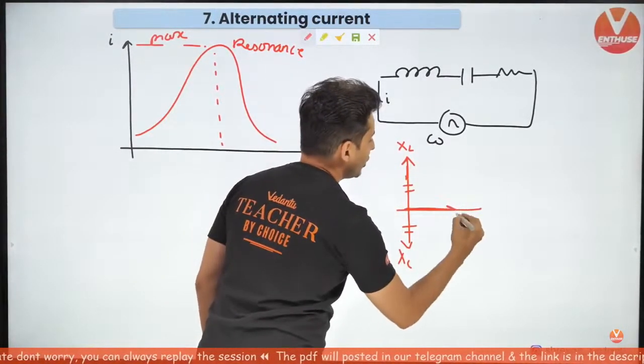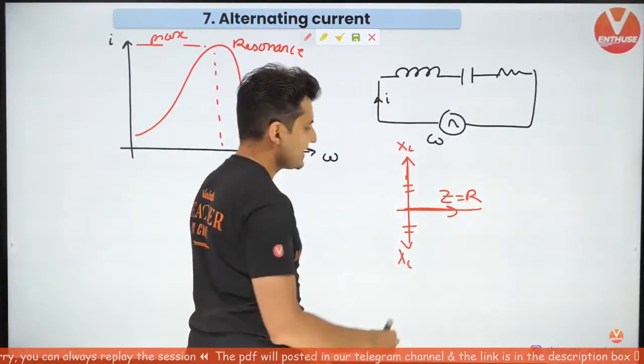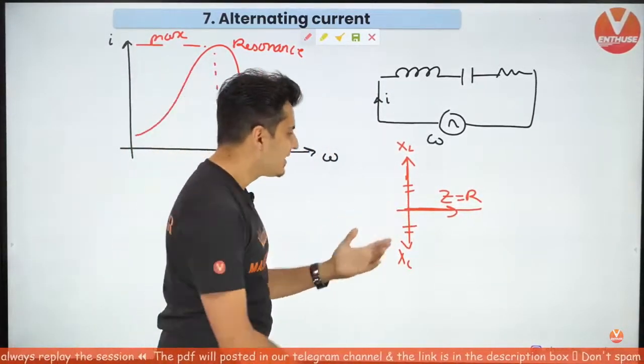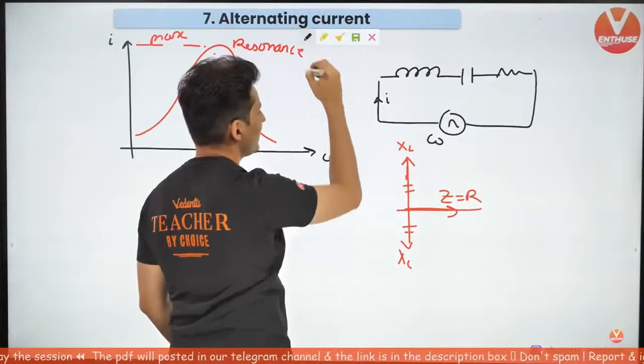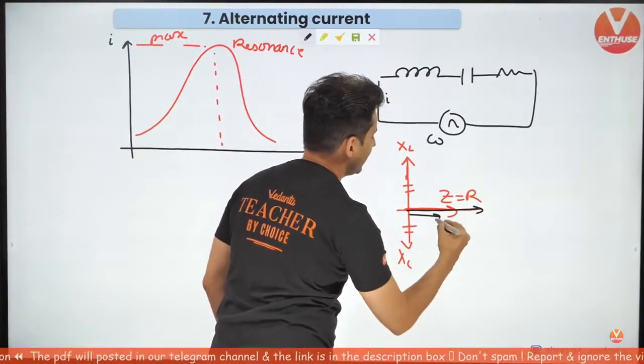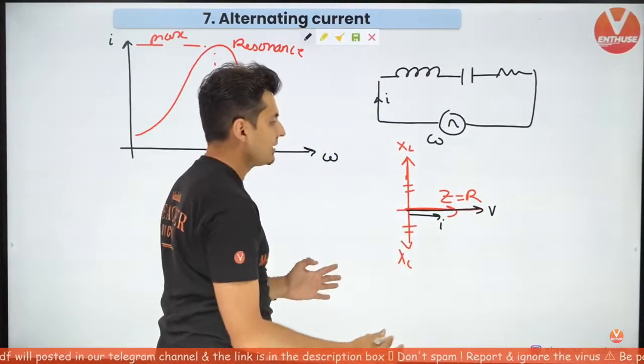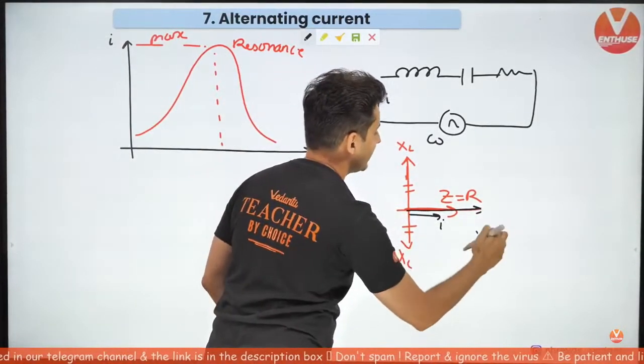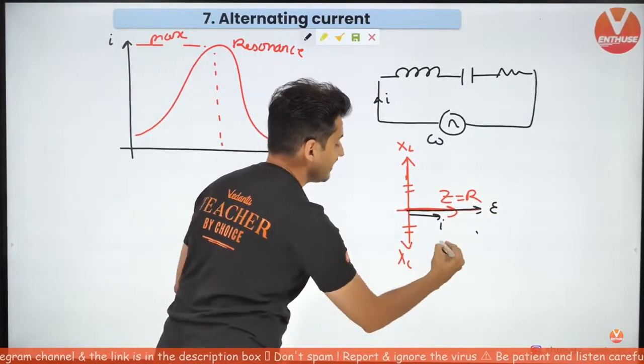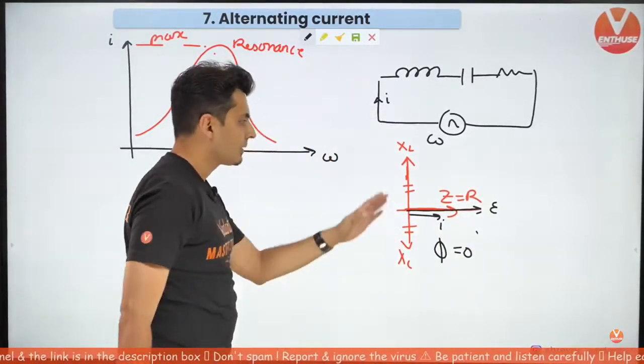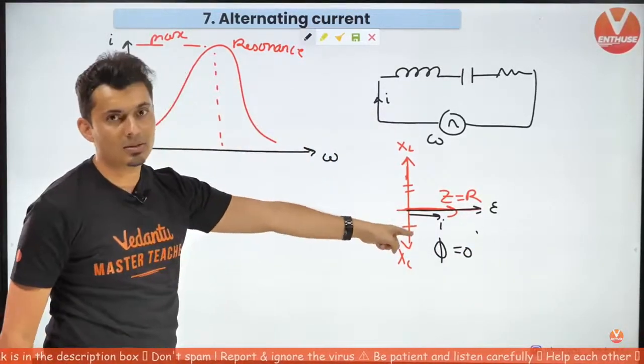So the total impedance is just the resistance, Z is just R. Basically, the voltage and the current are in the same phase. The total EMF of the circuit and the current are in the same phase. Phi is 0. That's what happens during resonance.